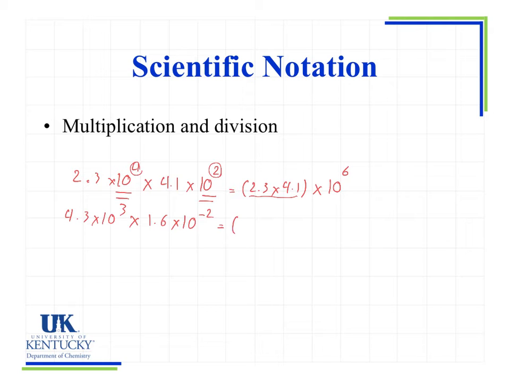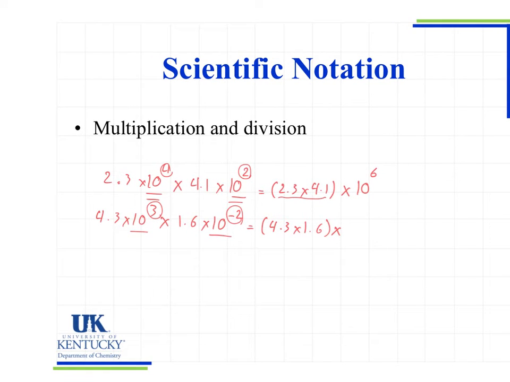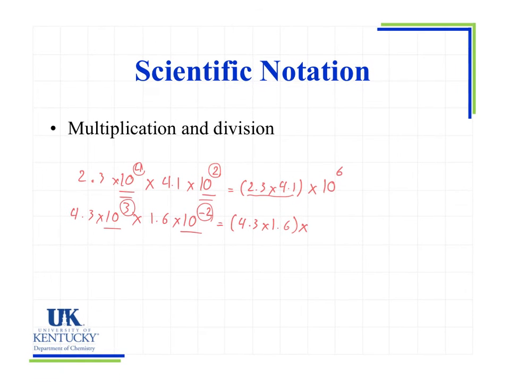Still, you can have the number here, 1.6 times, okay, so you have 10 to negative 2 and 10 to 3. Again, you add them, but since this is 3 and negative 2, the addition will be 1, right? So it's 10 to plus 1. And then you can multiply these two. So in multiplication, you add the exponent.